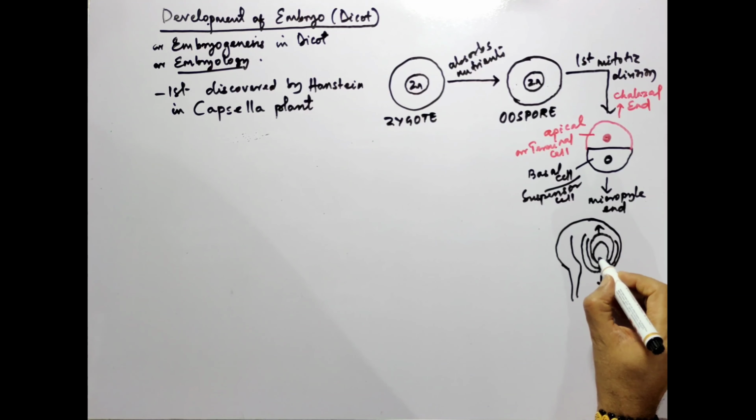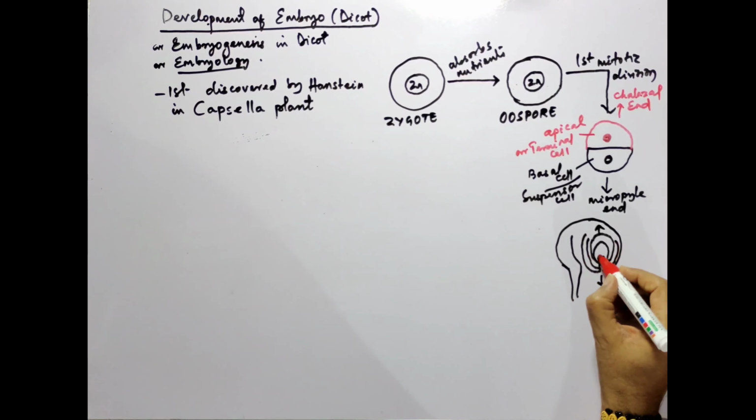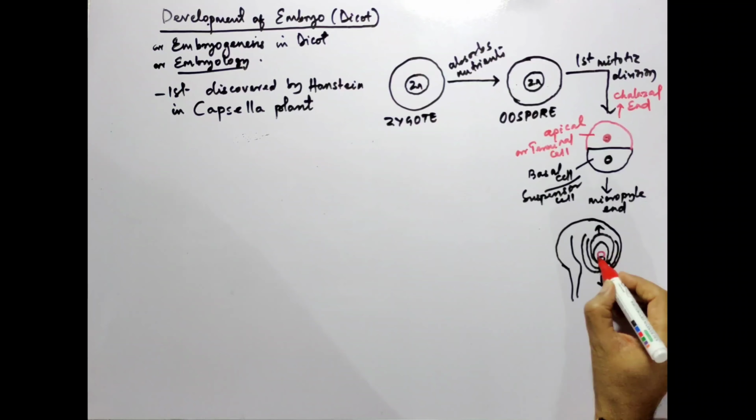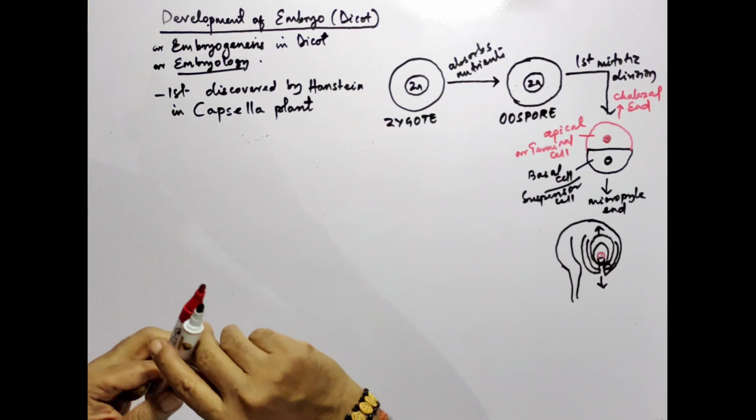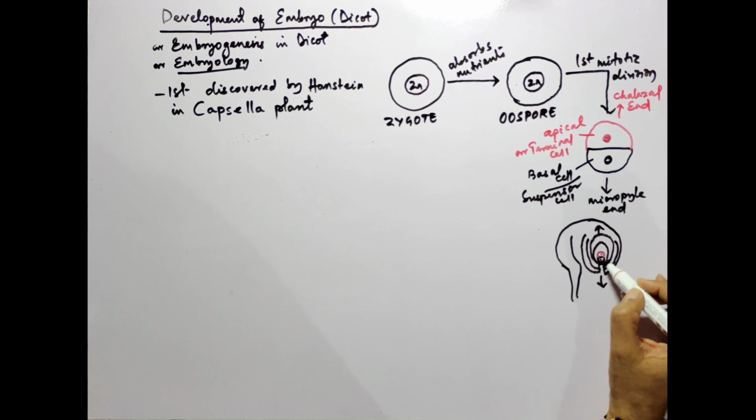This two-cell stage first forms like this, and the apical cell, the red one, faces towards the chalazal end, and the basal cell faces towards the micropylar end.